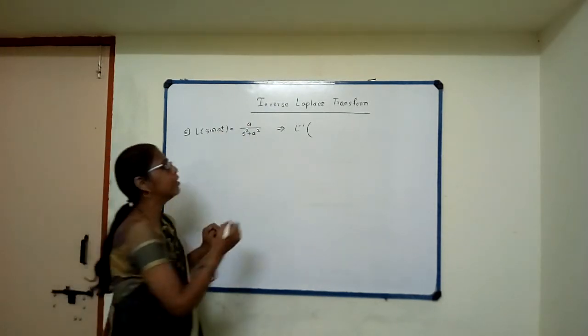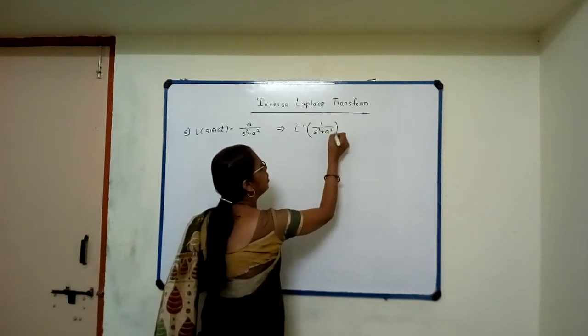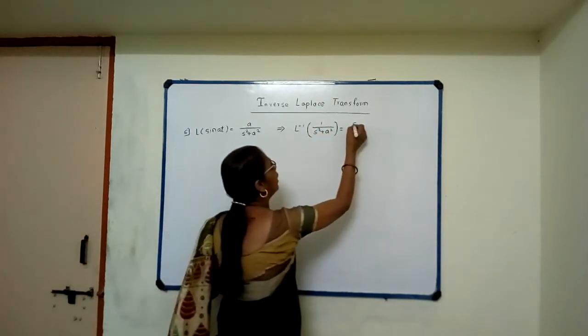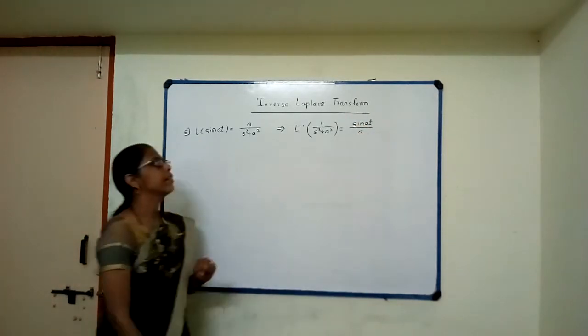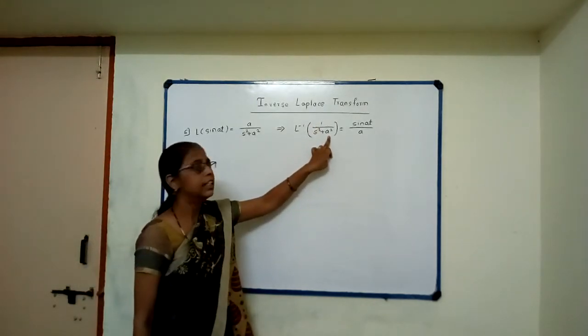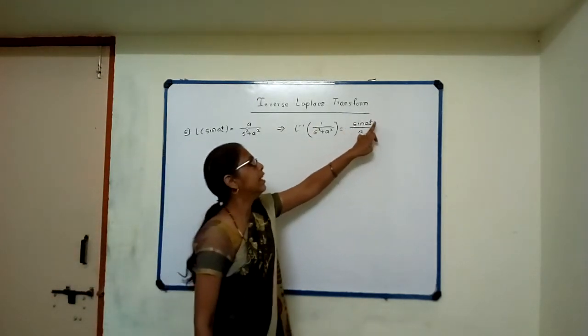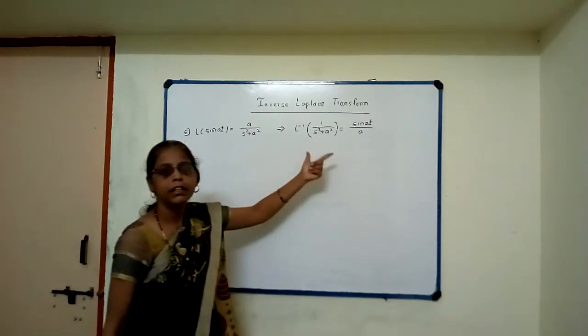So Laplace inverse of 1 upon s square plus a square is equal to sin at divided by a. Laplace inverse मध्ये ज्या वेळेला 1 upon s square plus a square असतं तेव्हा त्याचा Laplace inverse sin at upon a येतं. That is the formula number 6.